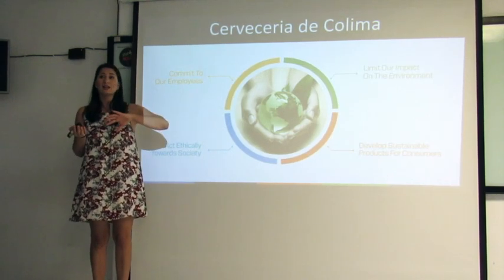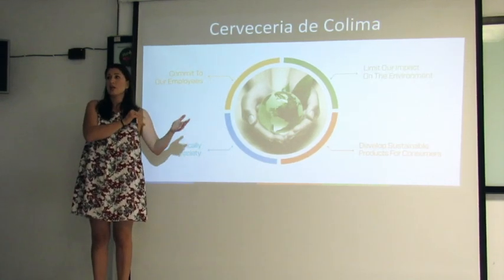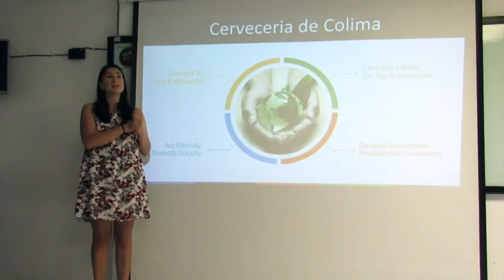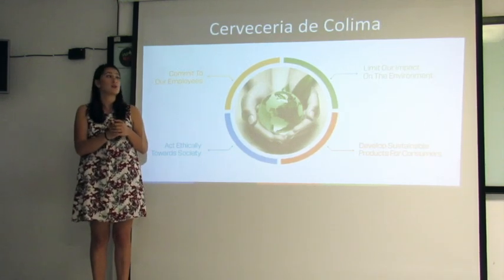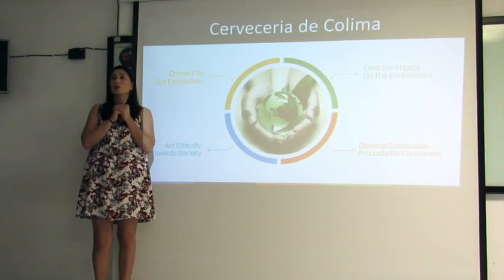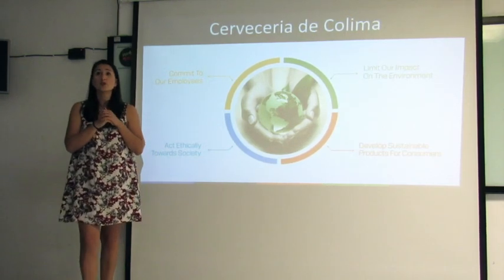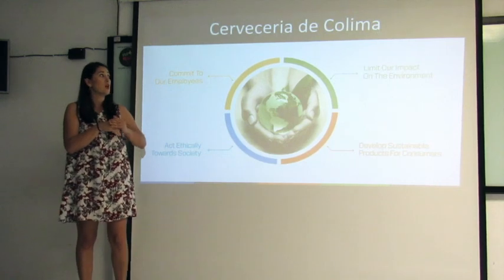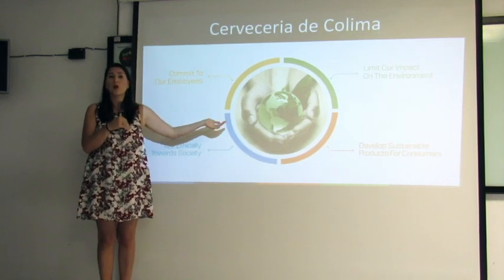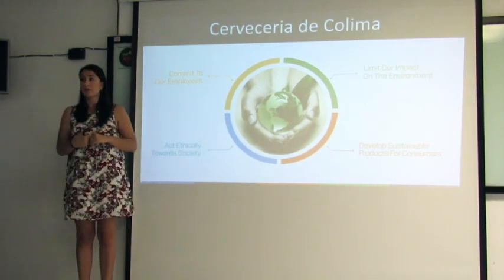They try to compensate by planting more trees in certain areas. Why? Because they always think that Colima is a place to be green and to keep it that way. And in order to keep it that way, they need to focus on how they can help the environment, when at the same time the environment is helping them.